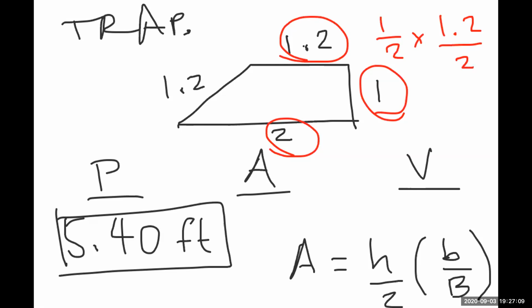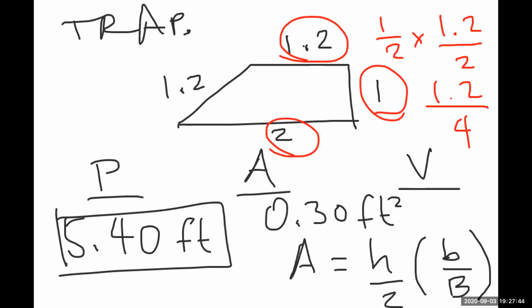Essentially, if I multiply the top first and multiply the bottom second, it's 1.2 over 4. So 1.2 divided by 4 is 0.3. So the area would be 0.30 square feet.